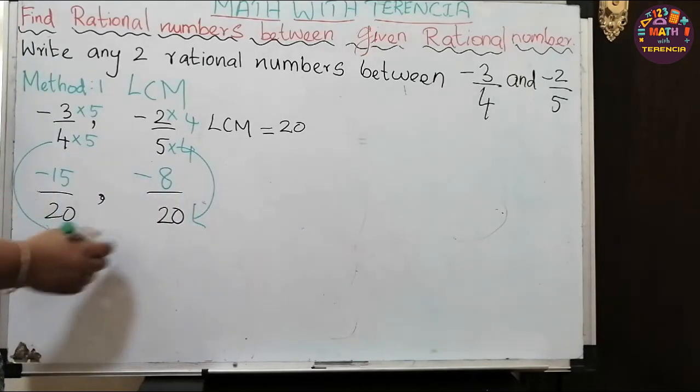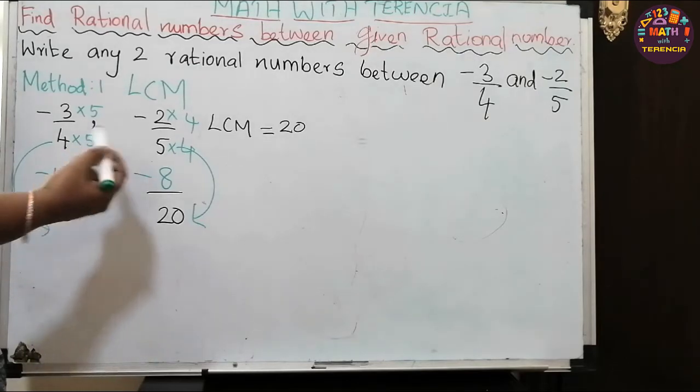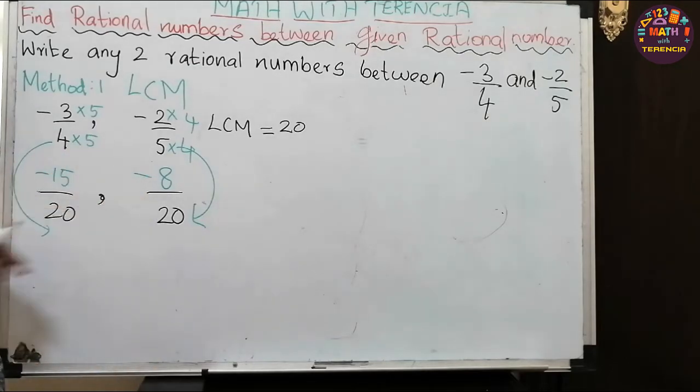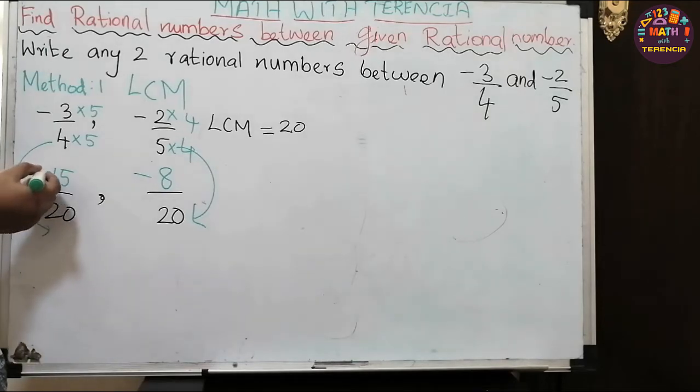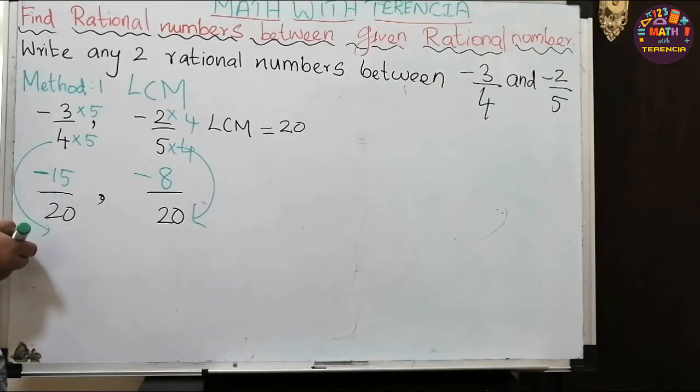So now you have the same denominator, so you can write as many numbers as you want between these two rational numbers. As it lies between minus 15 and minus 8, I can't go with minus 16 because minus 16 will not come within this range. So I can write any two rational numbers between this.